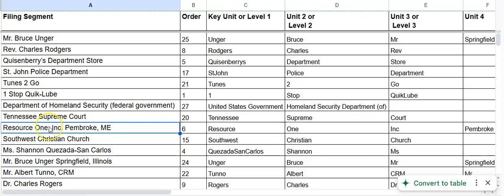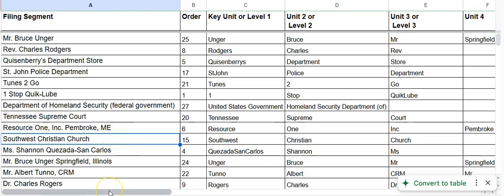Okay, for this example here, we have Resource 1 Inc., and this is located in Pembroke, Maine. And the reason why in this example we have a city and a state is because we also have an instance where we have the same business located in Pembroke but in a different state.